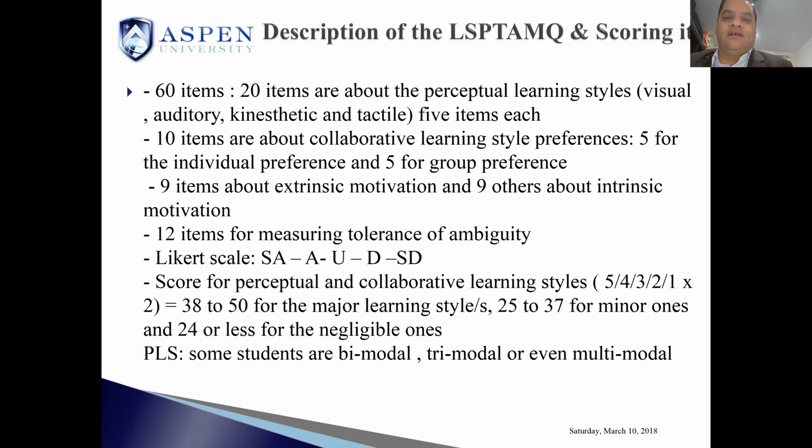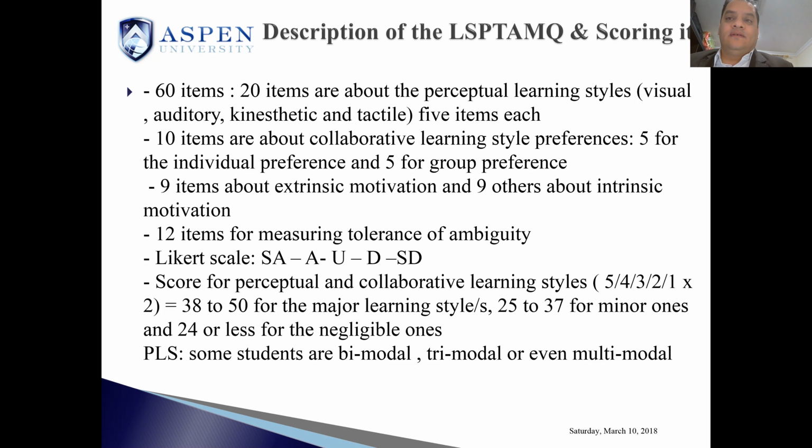First of all, the questionnaire consists of 60 items. 20 items are about the 4 perceptual learning styles, individually visual, auditory, kinesthetic, and tactile, with 5 items testing each learning style preference. There are also 10 other items measuring collaborative learning style preferences, 5 for individual and 5 for the group learning style preferences.